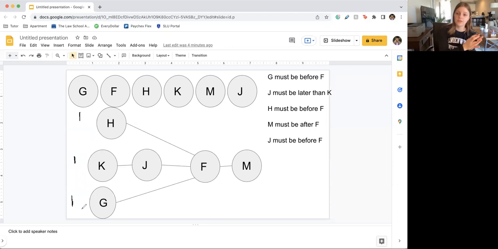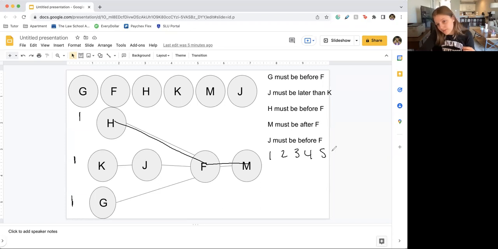So I'm figuring out the earliest it can go and the latest it could go. Looking at H, I'm going to follow my paths. H only has one path. I follow H to F to M because that's what's connected. So 2 variables have to come after H. I have 6 variables, so the latest H could go is 4: 2, 3, 4, 5, 6.